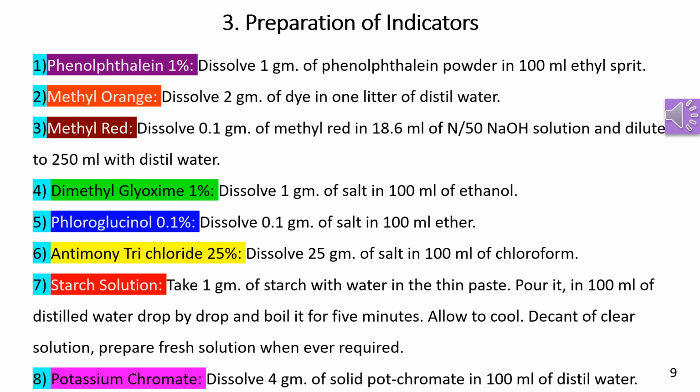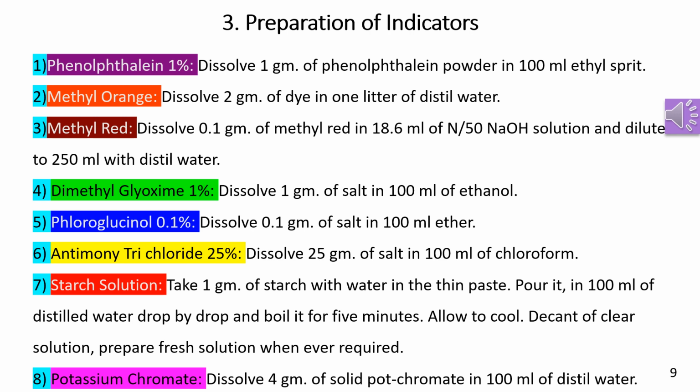The amount of methyl red is 0.1 gram. The amount of N/50 NaOH solution is 18.6 milliliter, in which N is showing the normality. And the amount of distilled water is 250 ml.